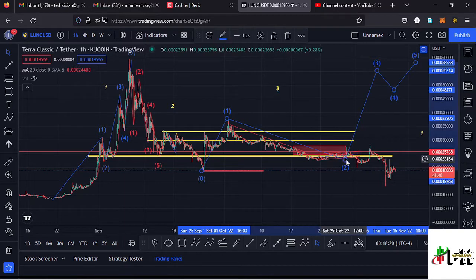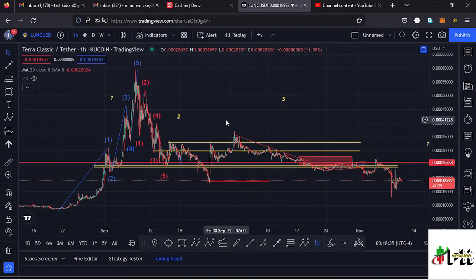But having retraced below the low of this wave A, that is the wave 1, that invalidated my Elliot wave structure, and I had to remove it here on the charts, and now view this movement to the lower side as something else.